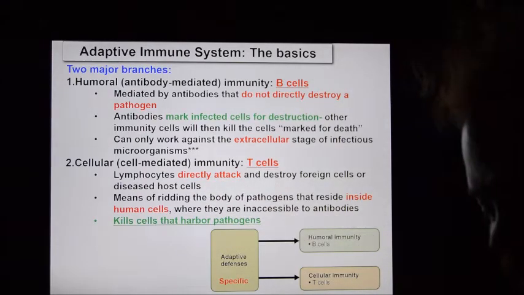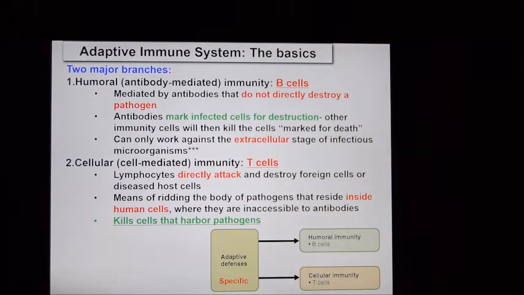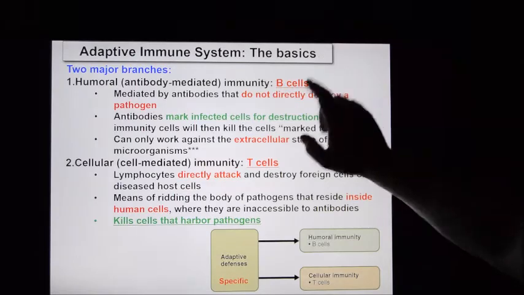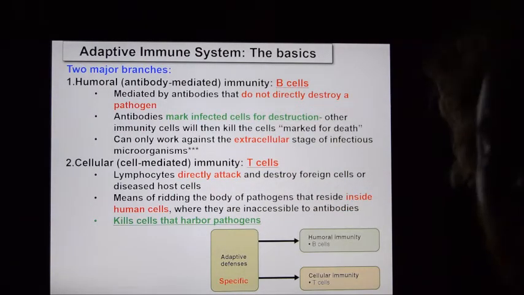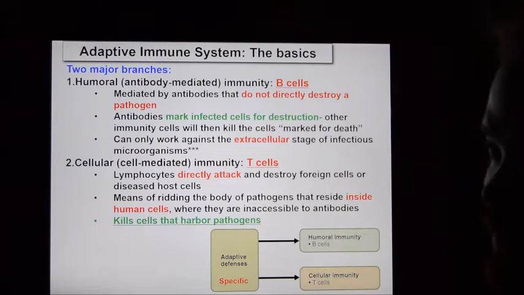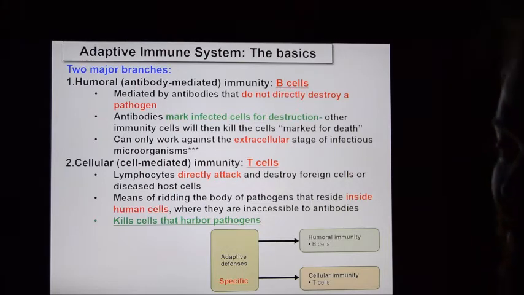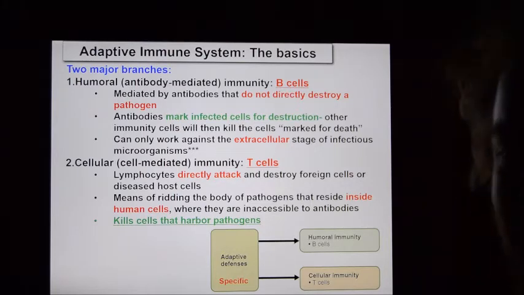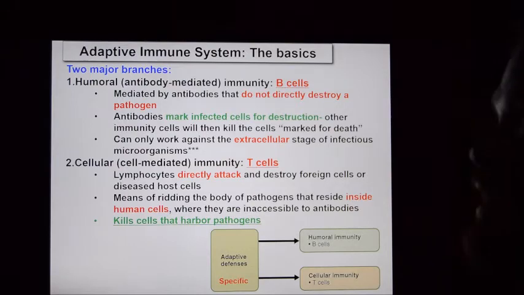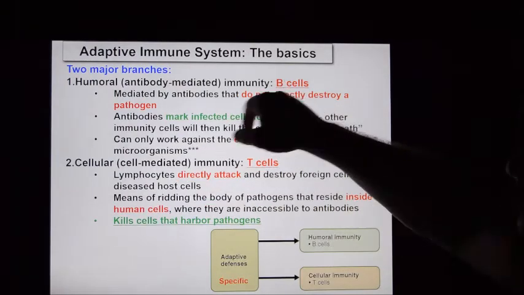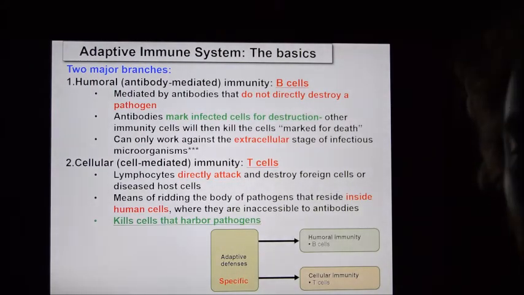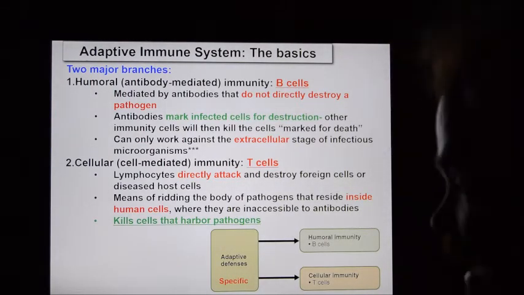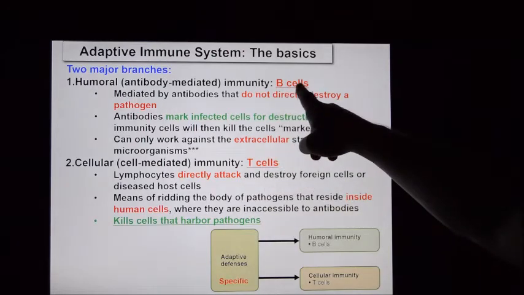Now, here is an important point to be made. B cells only work on what are called extracellular stages of infectious microorganisms. Fancy way to say, if you've got a bacteria floating around your bloodstream, hanging out in its own place, not in one of your cells, just around your cells, then your B cells can attack and destroy it. But if it gets in one of your cells, or if one of your cells gets a virus inside of it, B cells can do nothing about this.